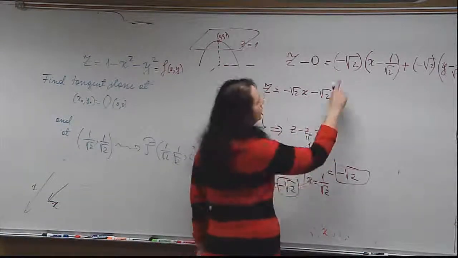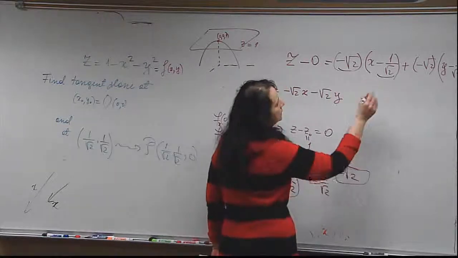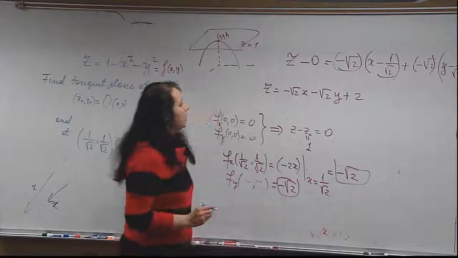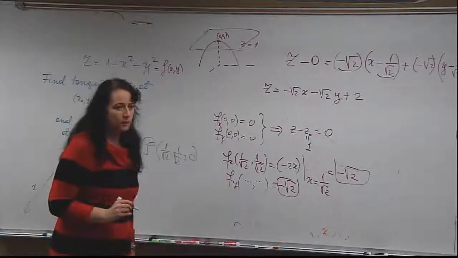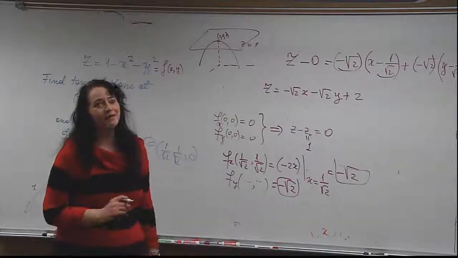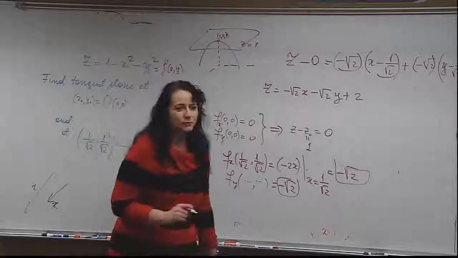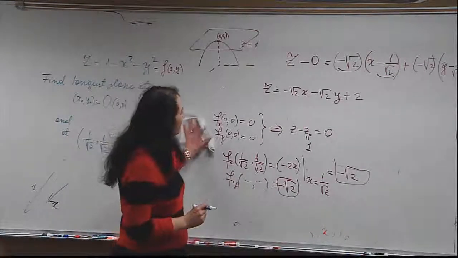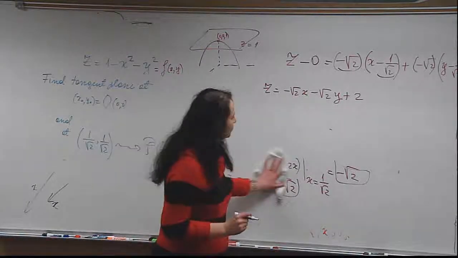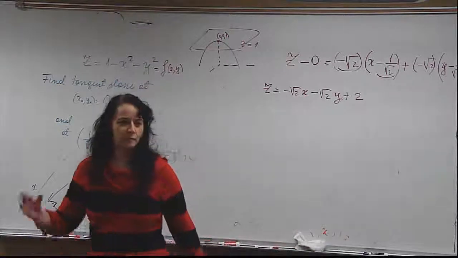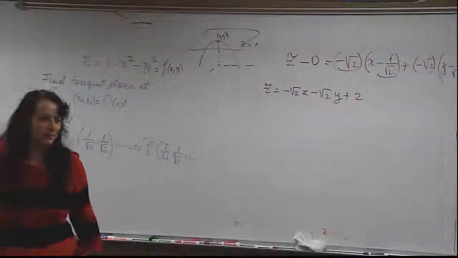So you see what you have. You have this times that is a 1, this times that is a 1, 1 plus 1 is 2. All right, are you happy with this? If this were a multiple choice, you would be able to recognize it right away. What's the standardized general equation of a plane though? Something x plus something y plus something z plus something equals 0.